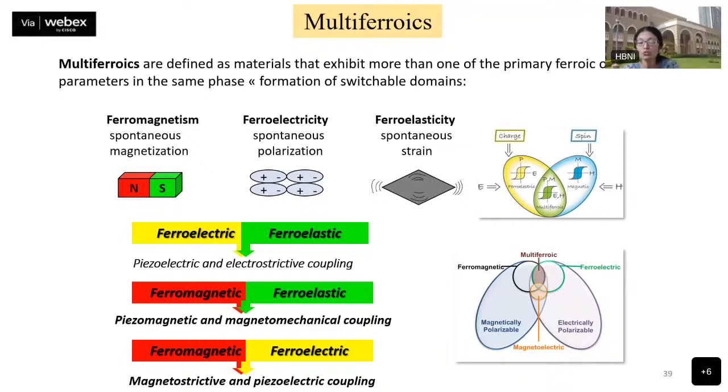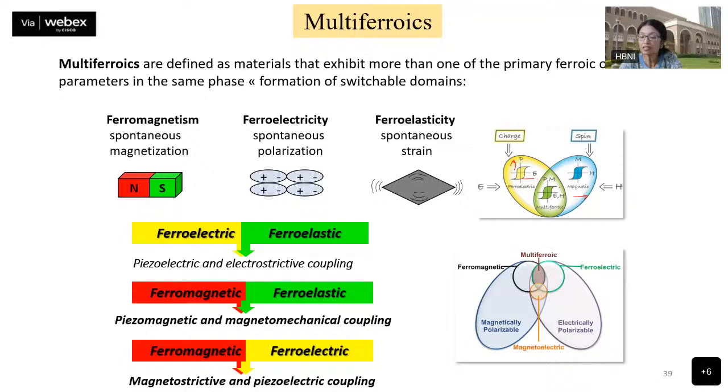So now let's look at this different kind of set diagram. What happens in ferroelectrics? You change the electric field and you find a change in the electric polarization. In magnetic materials, you have a change in the magnetic field with a change in the magnetic polarization.